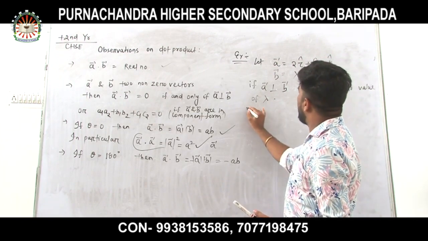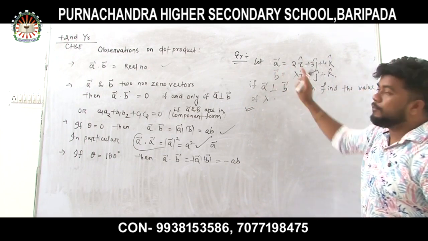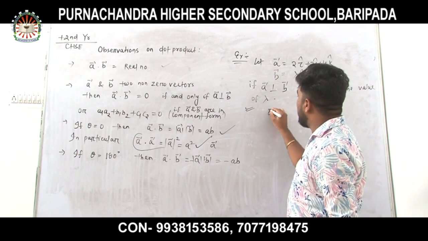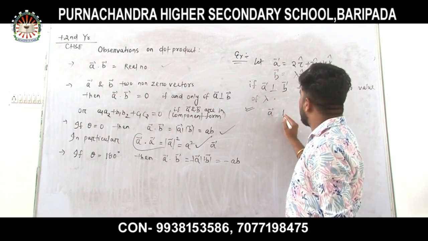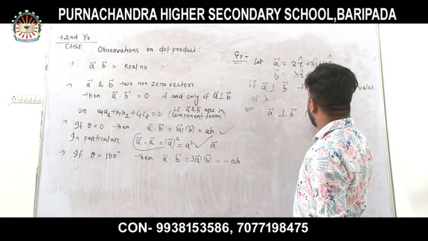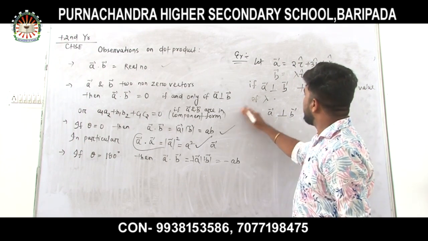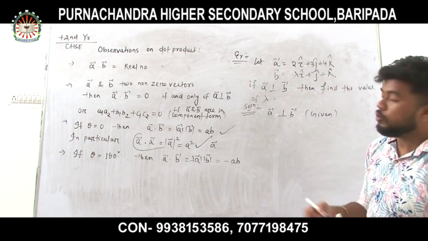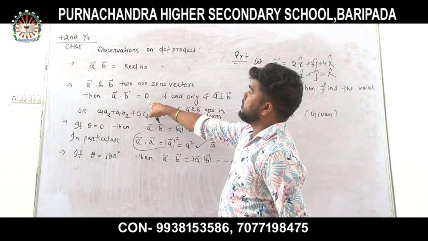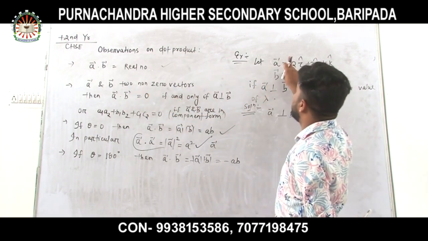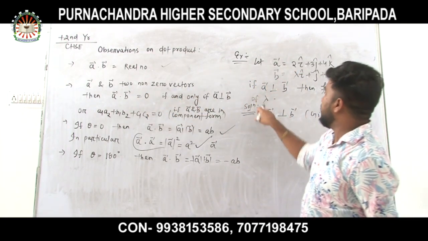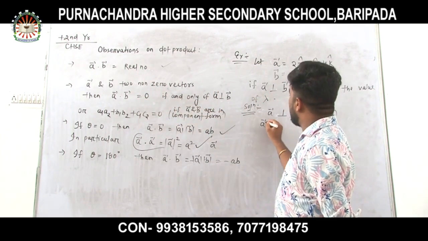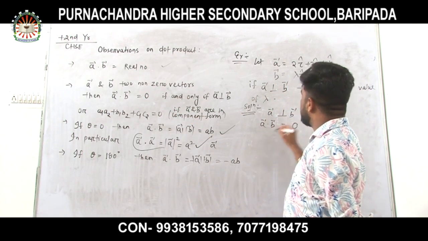What is given? A is perpendicular to B. That means A dot B equals 0. If A and B are two non-zero vectors and perpendicular to each other, then our condition is A dot B equal to 0.